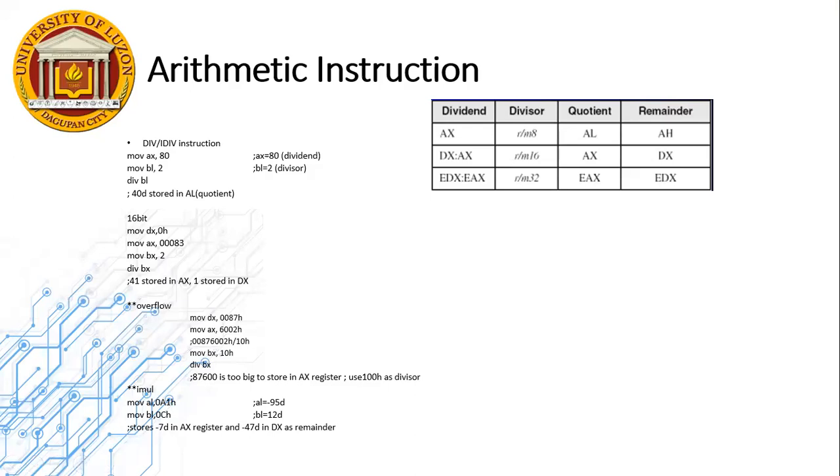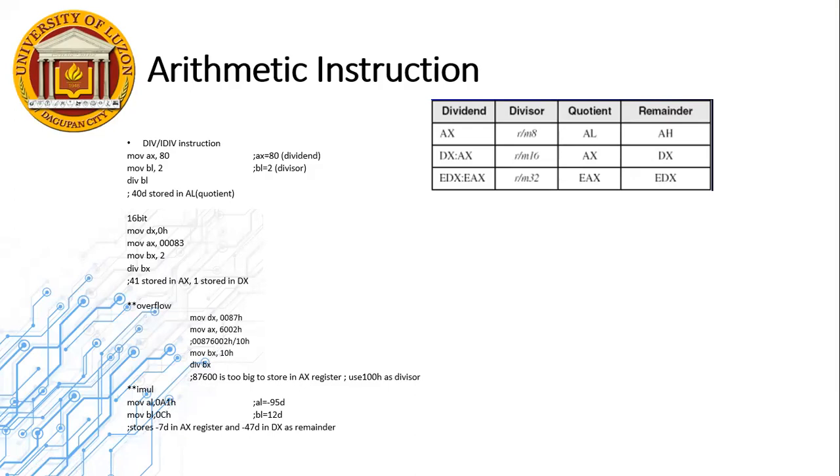So as a general rule, we will be assigning values to our DX and AX registry. For DX, I will be using 0087 hexadecimal, and for the AX, we'll be using 0002 hexadecimal.